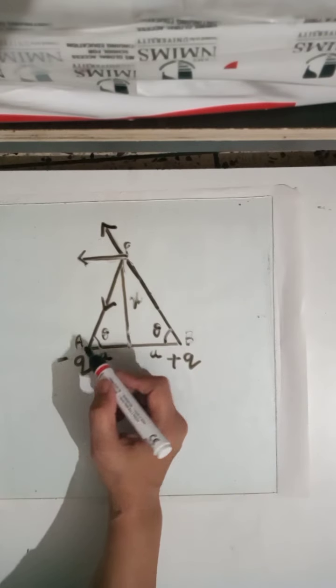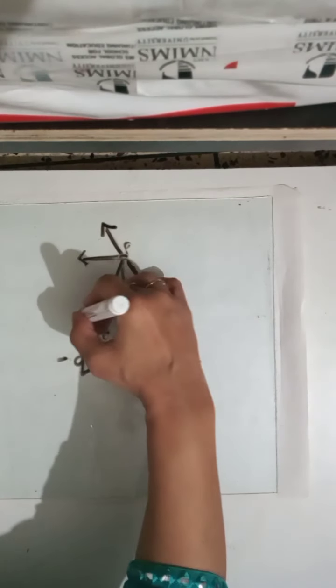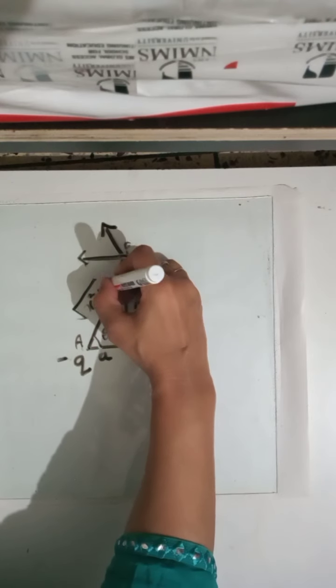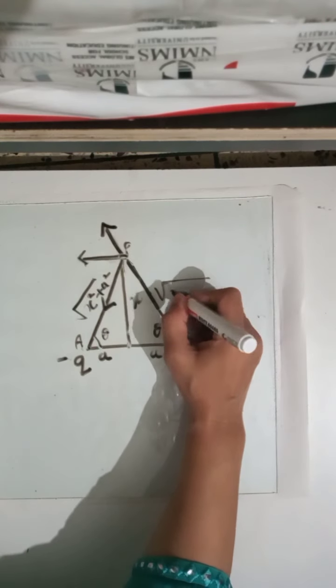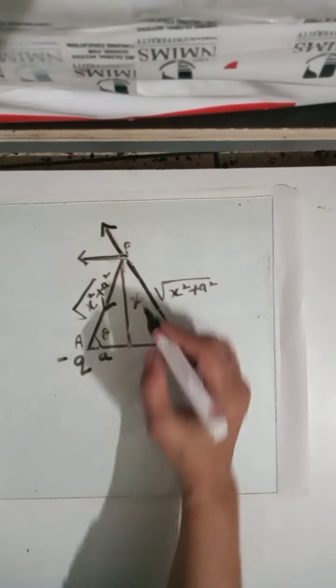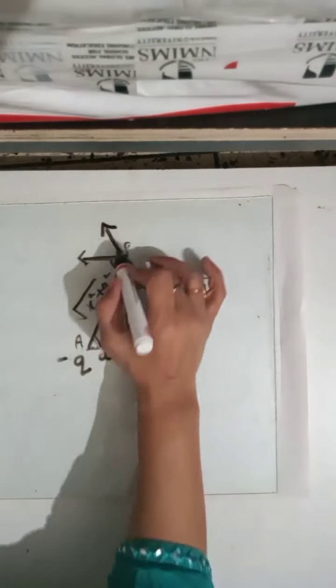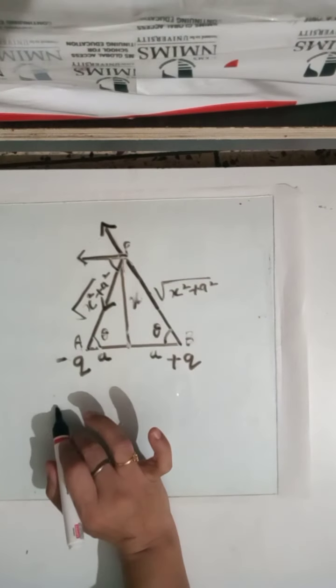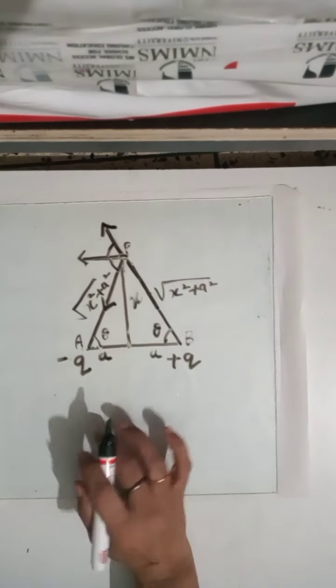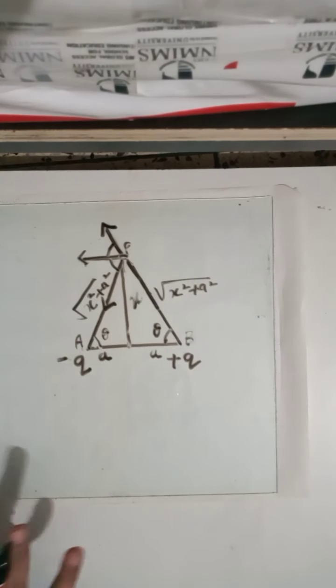That means this becomes equal to square root of x square plus a square. This is theta, this is theta, this is also theta. Why? These two angles are alternate interior angles. And this is theta, this is also equal to theta. Why? Because these are corresponding angles.